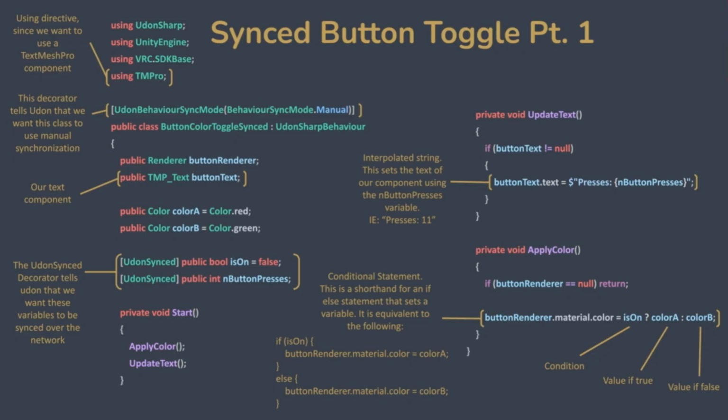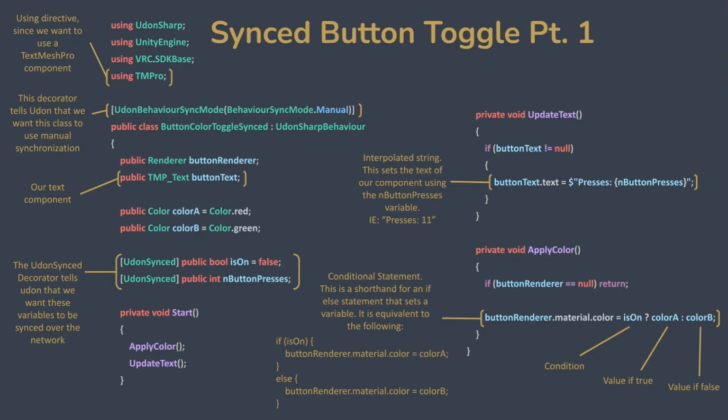Next up in our apply color function, we have another kind of spooky looking thing, but it'll come up a couple times, so we're going to cover it here now. What you see is a conditional statement. This is saying that whenever the condition is set, we're going to set the value on the left to something from the right. So this is a shorthand that's equivalent to an if-else statement.